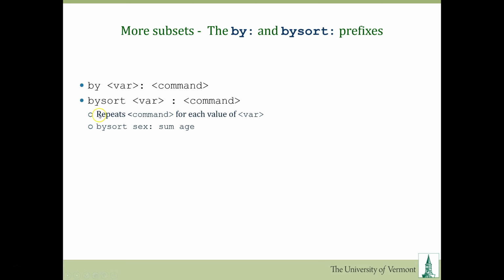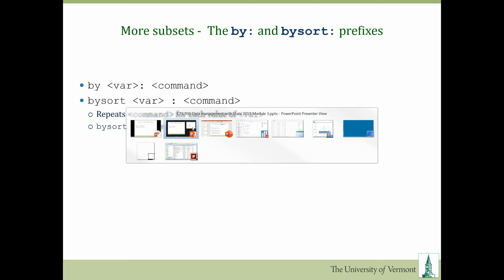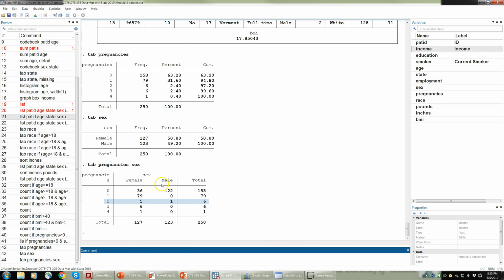Both of these will repeat the command for each value of the variable. So, for instance, by sort sex, colon, summarize age, will give us a summary of age for each kind of sex. Let's give that a try.